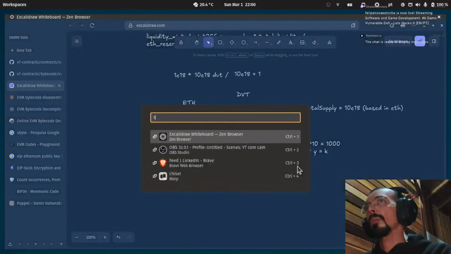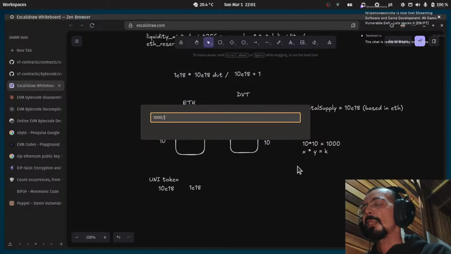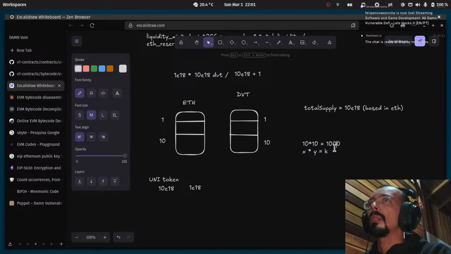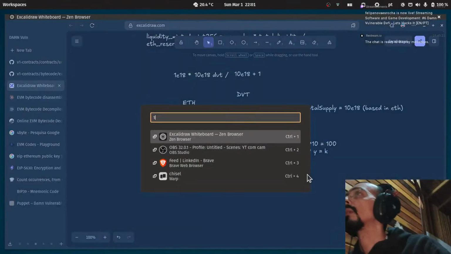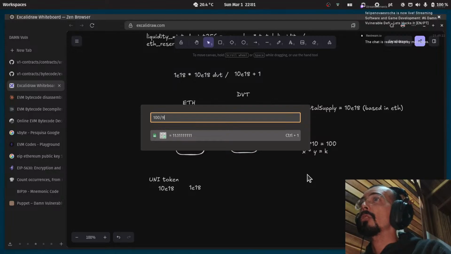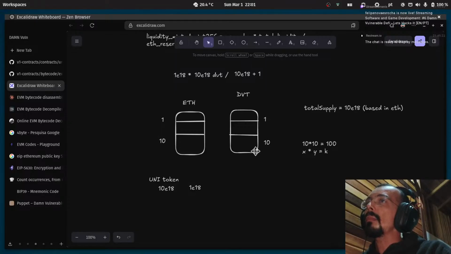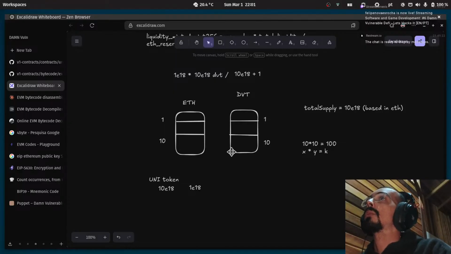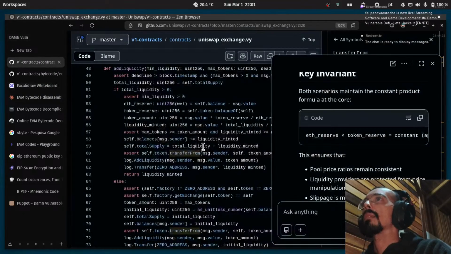So remember, 100 divided by 9. Oh, that's a 100, too many zeros. So 100 divided by 9 should be 11 on the other side. And so I think the way to hack this is to see how they are defining the prices, right?